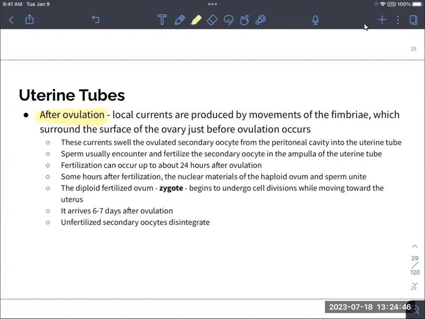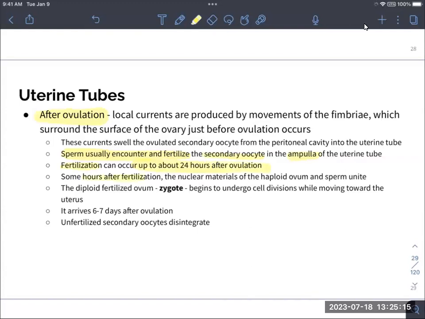They're trying to keep that oocyte dropping down specifically into that tube. Sperm tend to encounter and fertilize that secondary oocyte at the ampulla, so towards the top of that uterine tube. Fertilization can occur up to 24 hours after ovulation.